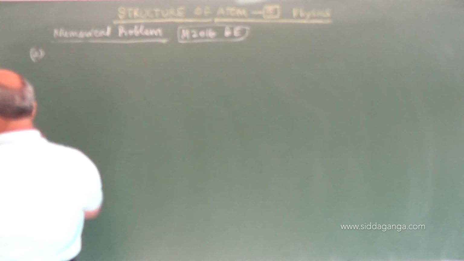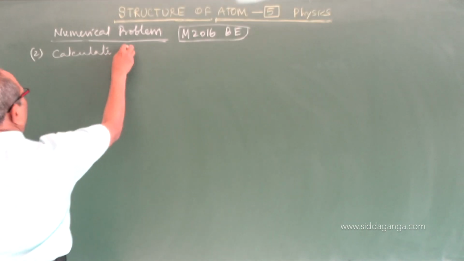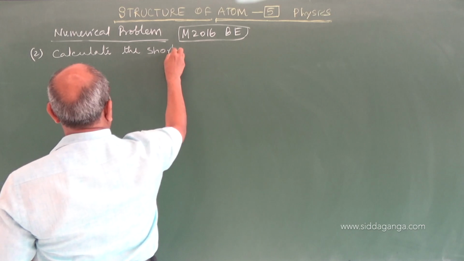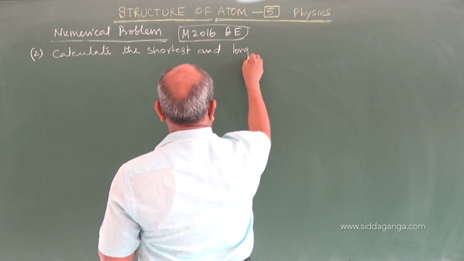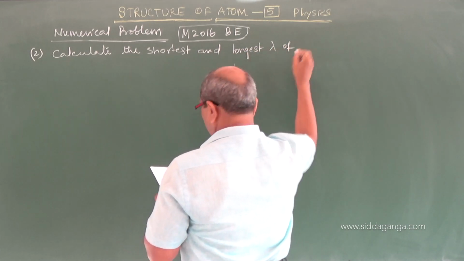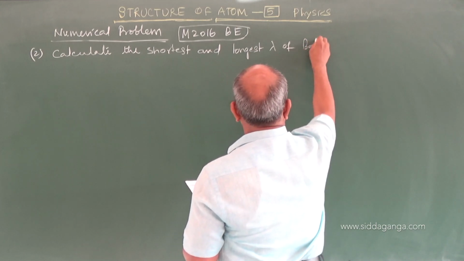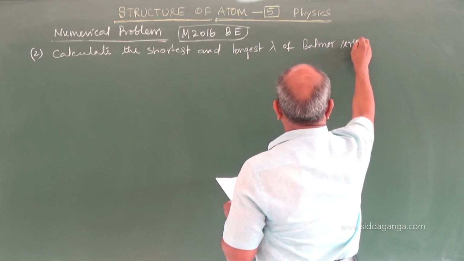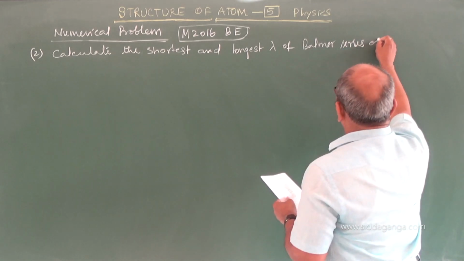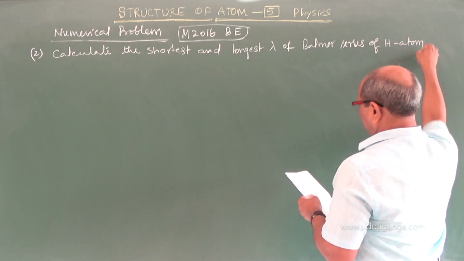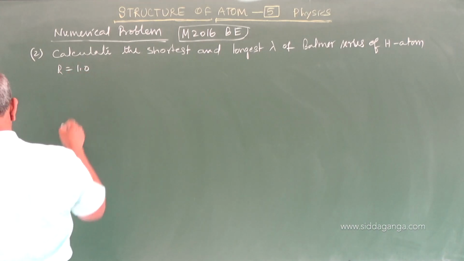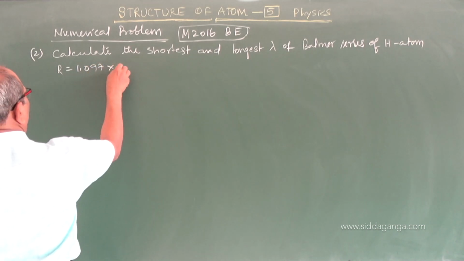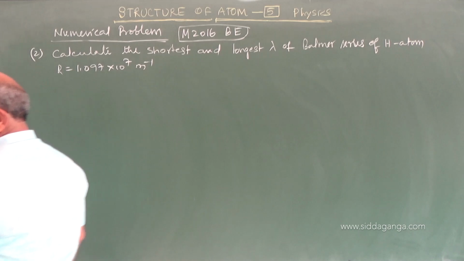The question is: calculate the shortest and longest wavelength of Balmer series of hydrogen atom, given R value as 1.097 into 10 power 7 per meter.